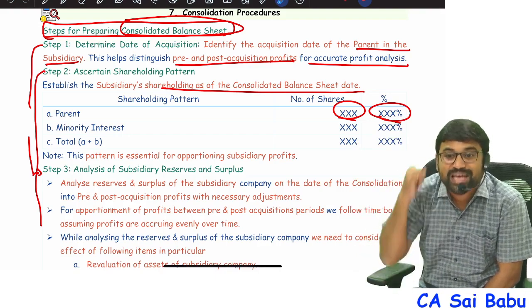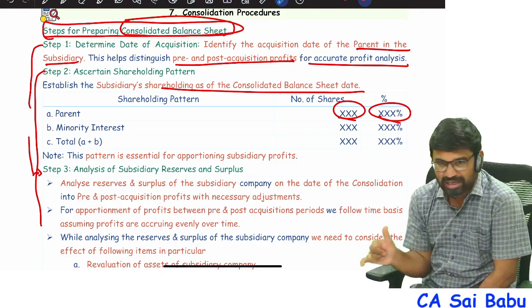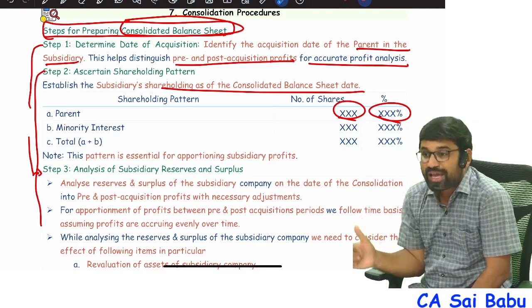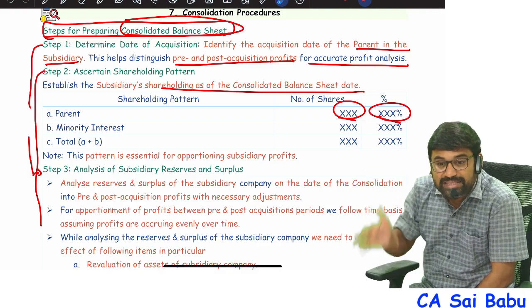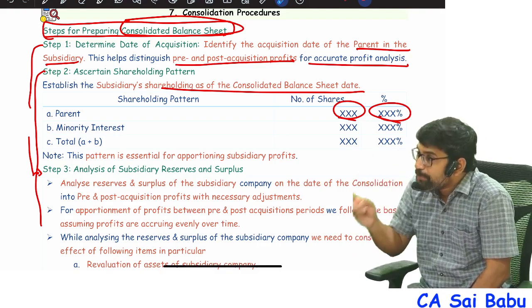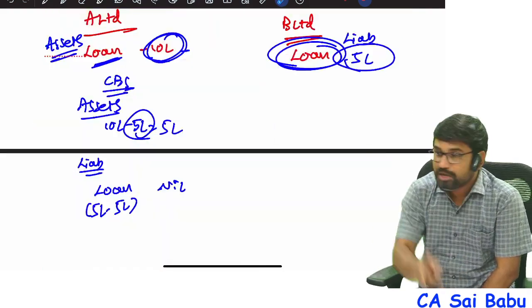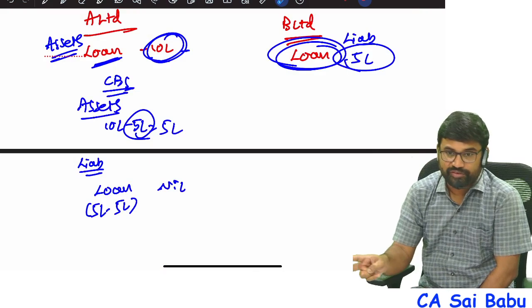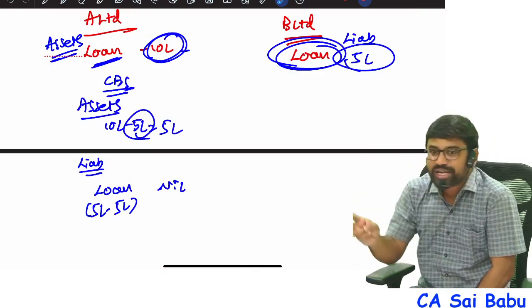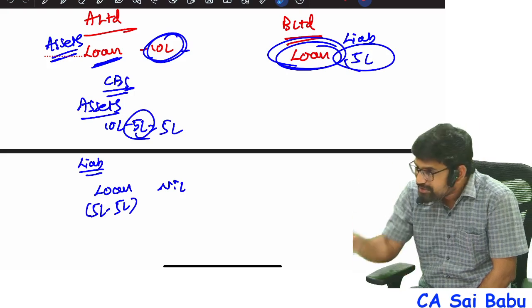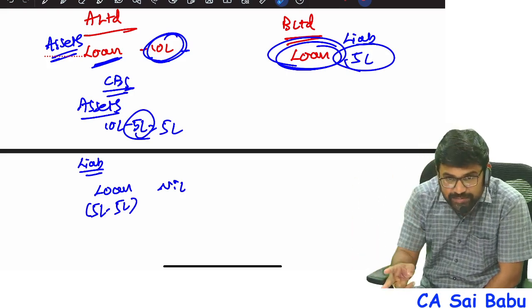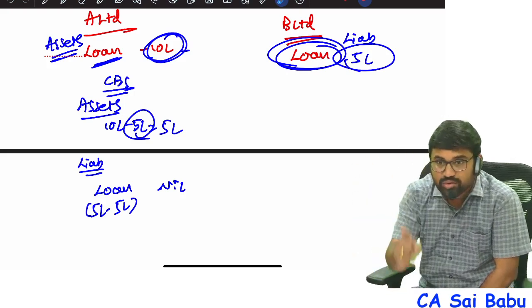Minority shareholders is having how much? Decide, determine. What is step number 3? Analyzing the subsidiary company reserves into pre-post. Pre-acquisition profits, capital profits. Post-acquisition profits, revenue profits. Why in analyzing? 3 important adjustments. What are those? Revaluation of assets, dividend given by subsidiary, intra-group transactions, downstream, upstream.